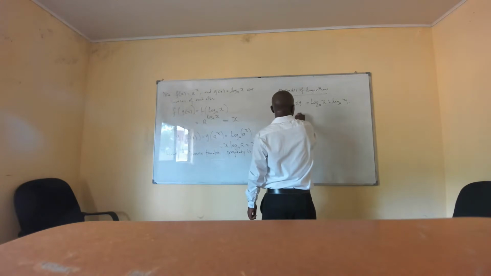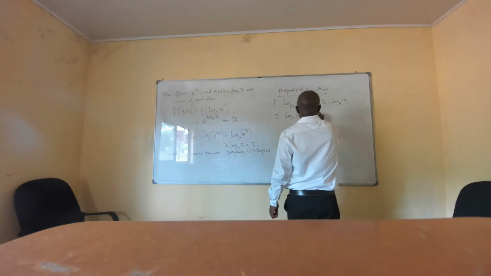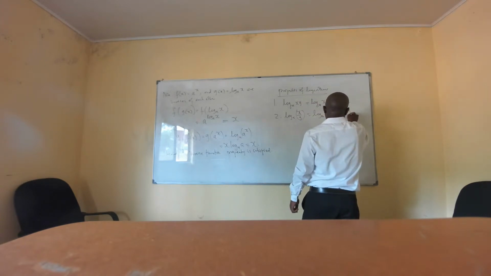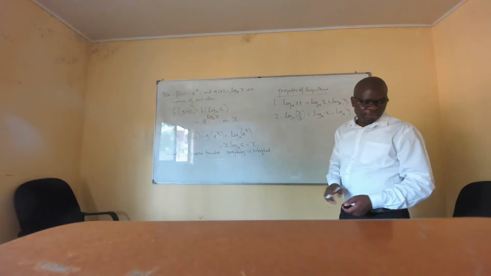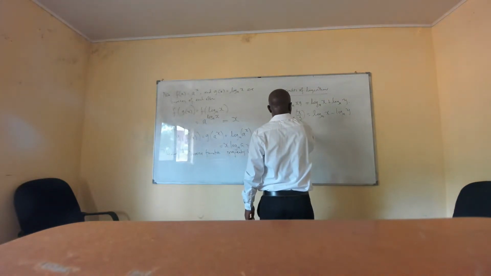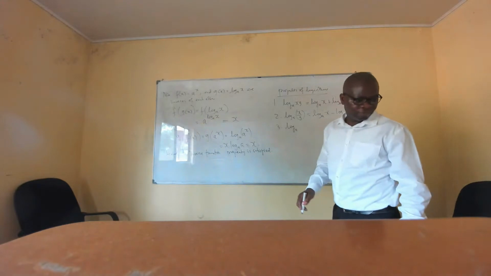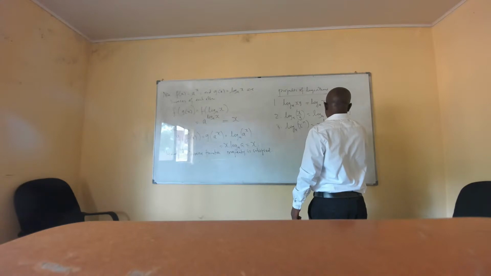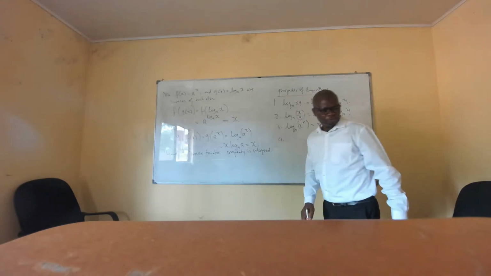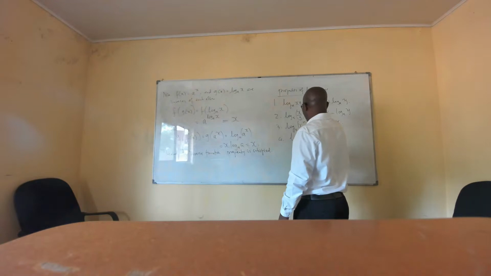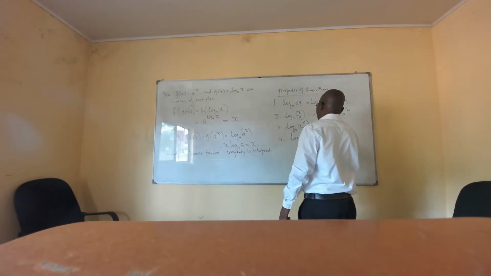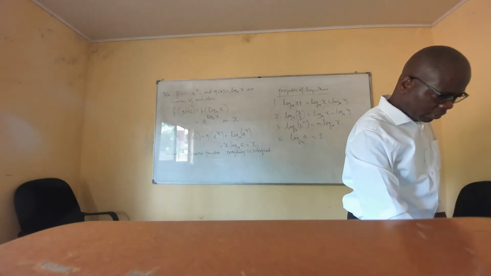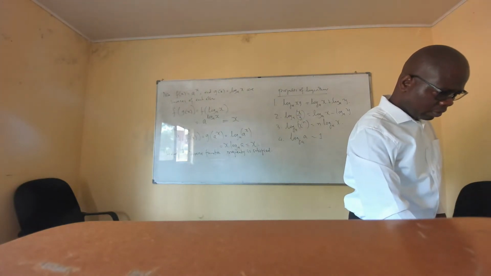Two, log to base a of x over y is the same as log to base a of x minus log to base a of y. Three, log to base a of x to a power, you can bring down this power here. And four, log to base a of a is always 1. So these results follow without difficulties.